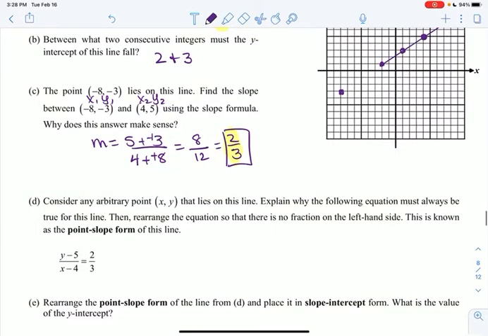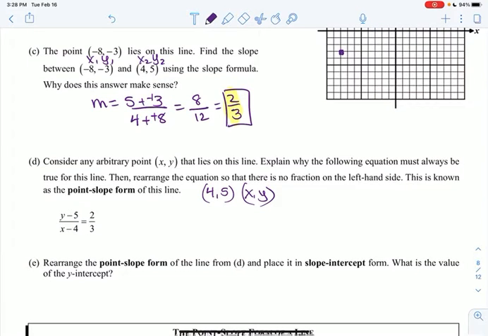Now let's consider any arbitrary point x, y that lies on the line. Explain why the following equation must always be true for this line. All right, so I have the point 4, 5, and I have the point x, y. So the slope is the change in the y, so y minus 5, over the change in the x's, x minus 4. And I already know the slope is 2/3. All right, and then I'm going to rearrange the equation so that there's no fraction on the left-hand side.